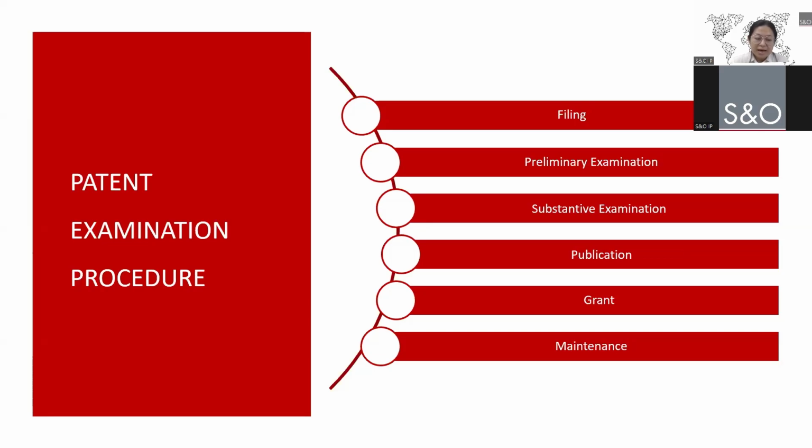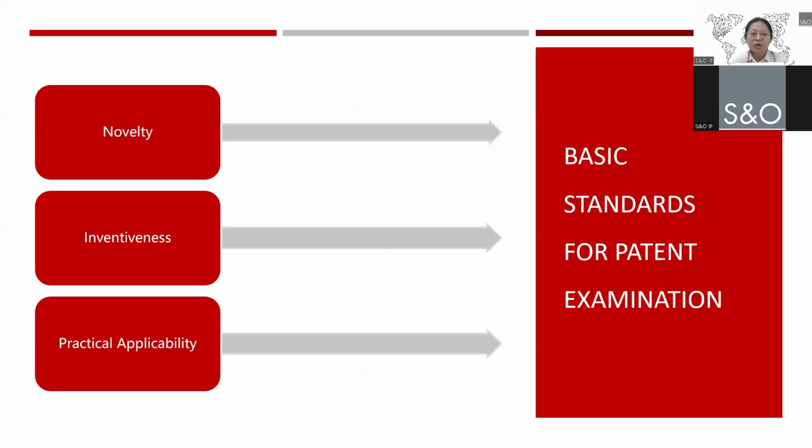The basic standard for patent examination in China are as follows. Novelty. The invention or utility model must be new, meaning that it is not identical to an existing technology before the filing date. Inventiveness.